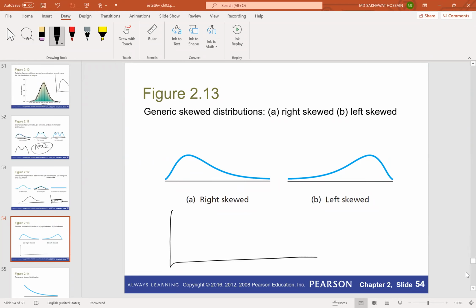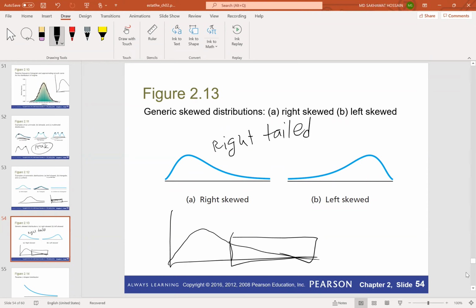So if you have a distribution like this, we have a long tail at the right. That's why this is called a right tailed distribution or right skewed distribution. And this one has a long tail on the left. So that's why it is called a left skewed distribution or left tailed distribution.